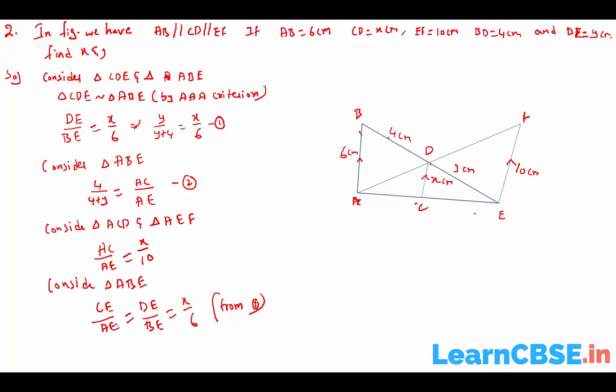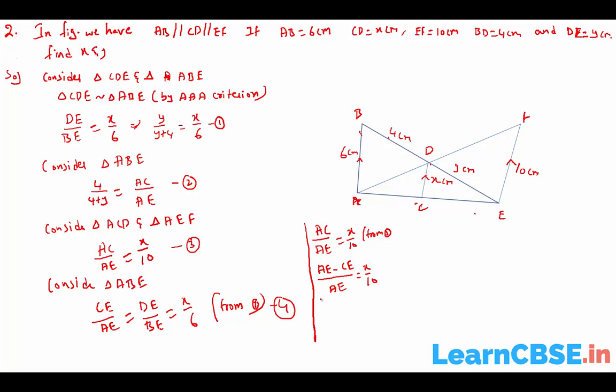Now this is 3, this is 4. Now from 3 I can write AC by AE equals to x by 10. I can write this as AE minus CE by AE equals to x by 10.